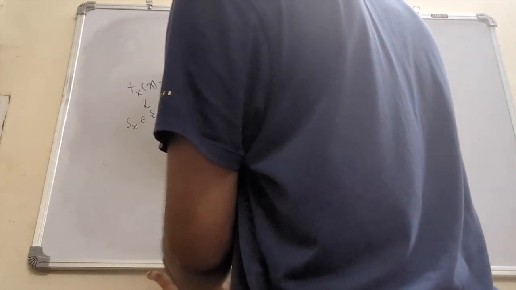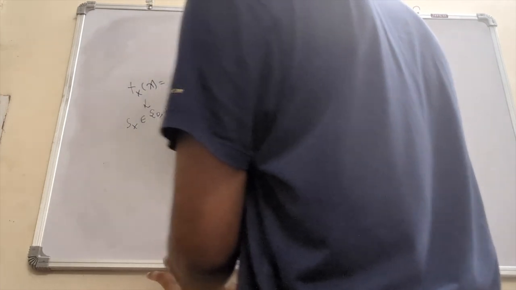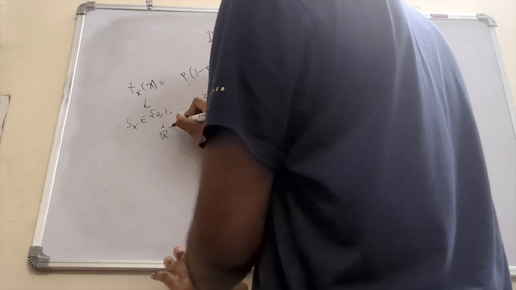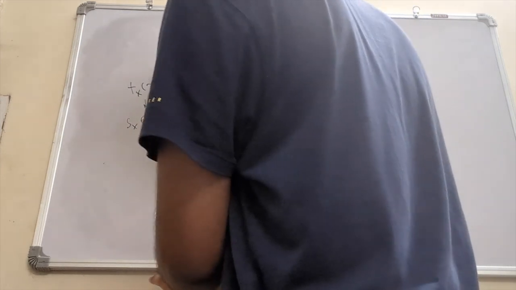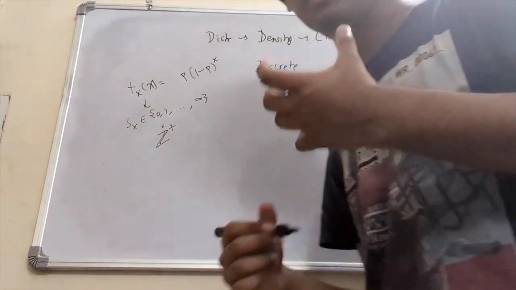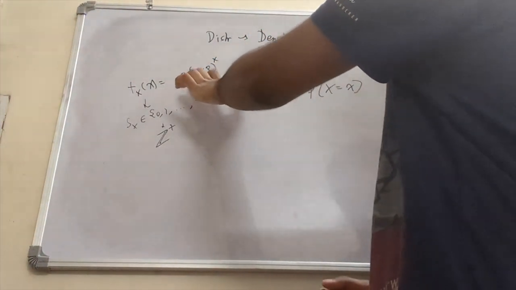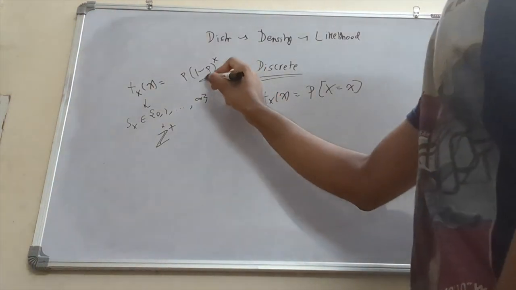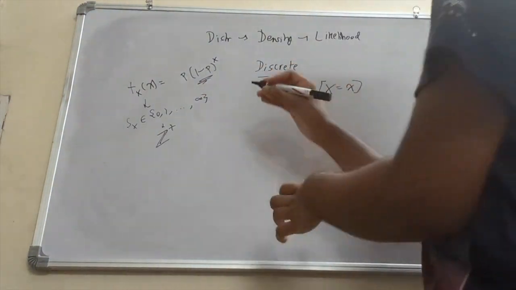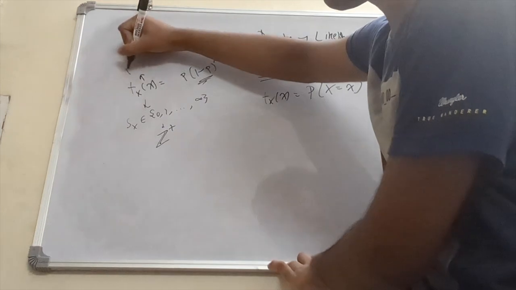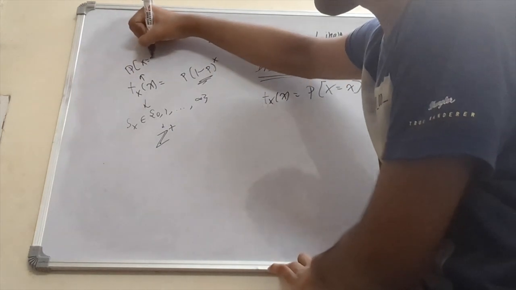Over here, the support of X is 0, 1, till infinity, basically Z plus, all positive integers including 0. So this is the density function, basically the probability that X is equal to x.